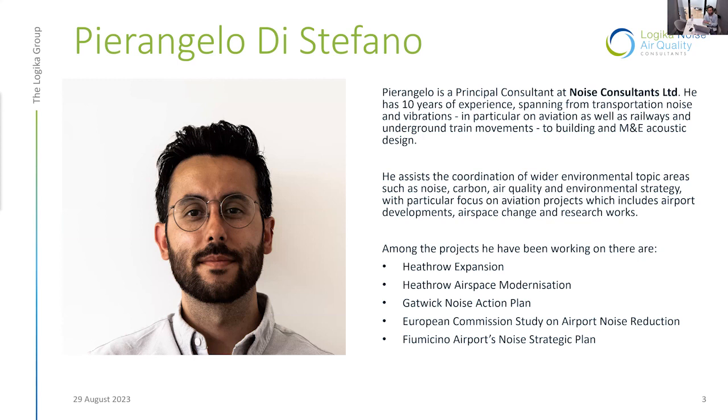Among the projects I've worked on is the Heathrow expansion, the noise assessments for the third runway, until the beginning of 2020. There is also Heathrow Airspace Modernization and the latest Gatwick Noise Action Plan that will be delivered by Gatwick this year.